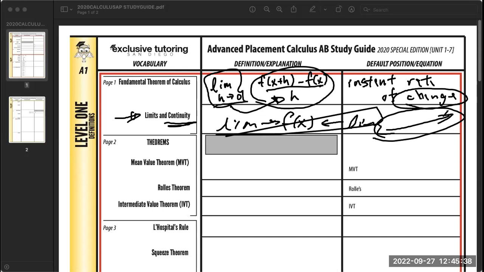With that as well, we got to talk about our theorems. There's basically 2 of them, but we have 3 different words to describe what's going on. The mean value theorem is that the average rate exists.